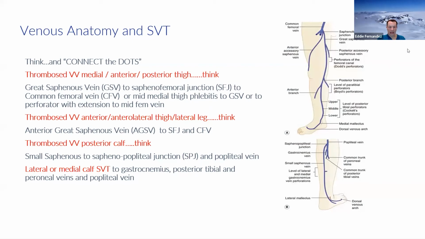When you look at an anterior lateral thigh, lateral leg, you have to think anterior accessory GSV to the SFJ again with common femoral vein. In the posterior calf, as discussed, SSV. About opposite veins, you think about also the rest of your calf veins. So think a bit about the anatomy.